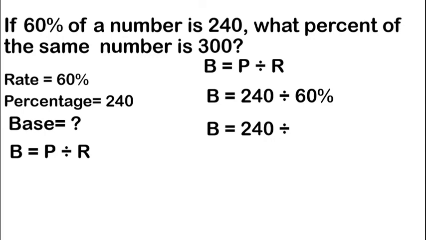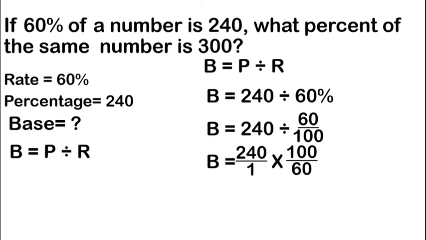So let's copy B is equal to 240 divided by 60 over 100. Now we can apply the division rule in dividing a whole number by a fraction. So again, copy B equals 240 over 1 times the reciprocal of your second fraction, which is 100 over 60.